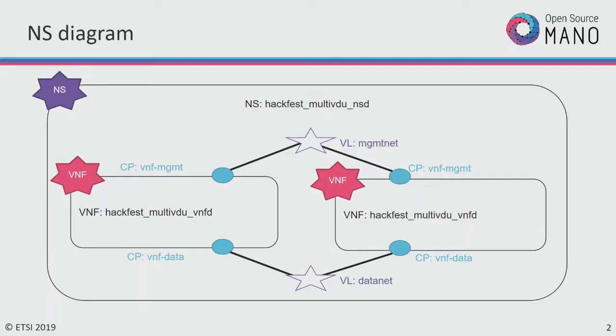No, but those are different things. You can modify the descriptor, but you cannot modify running network services. If you have a running network service and you want to add another VNF, you need to do it by instantiating a new network service descriptor.